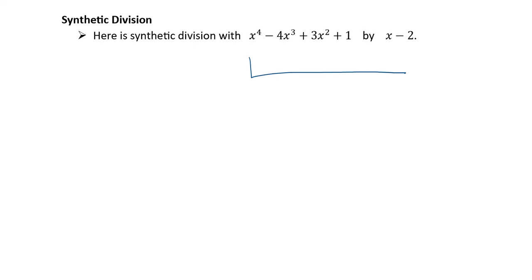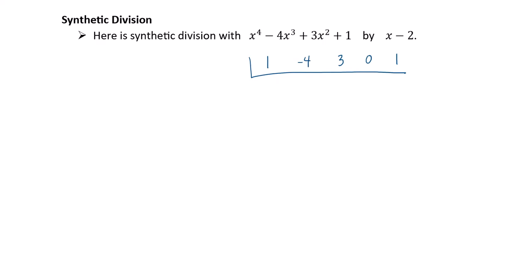And inside that division box, I'm not going to put the entire polynomial. I'm only going to put the coefficients. 1 for the x to the fourth, negative 4 for the x cubed, 3 for the x squared, 0 for the x that is not there, and a 1.